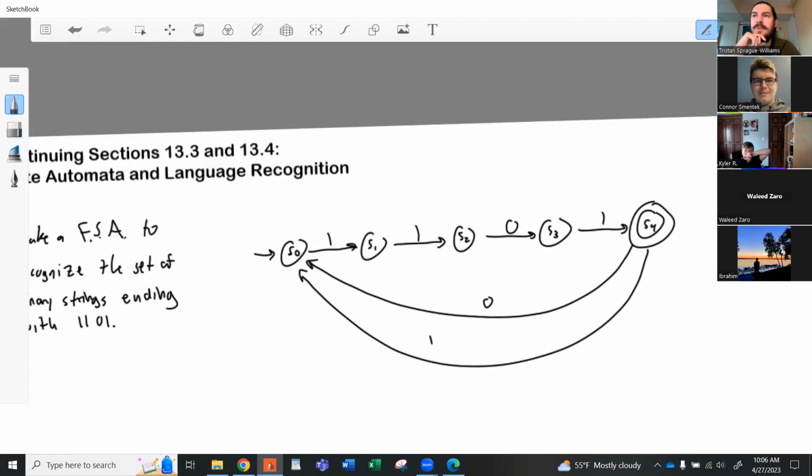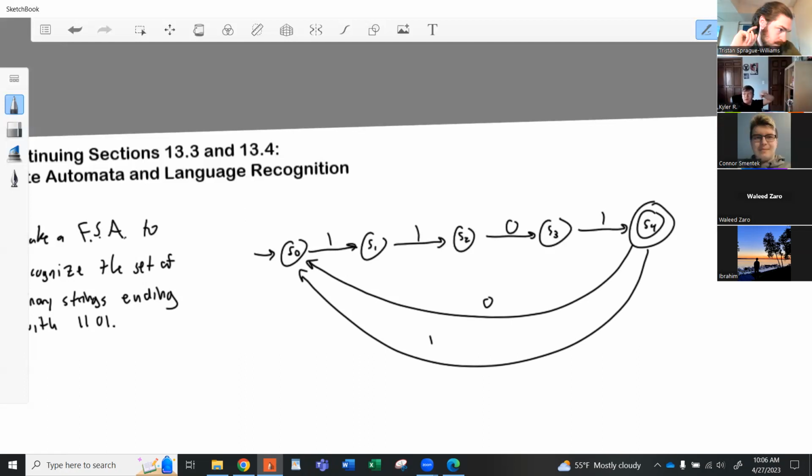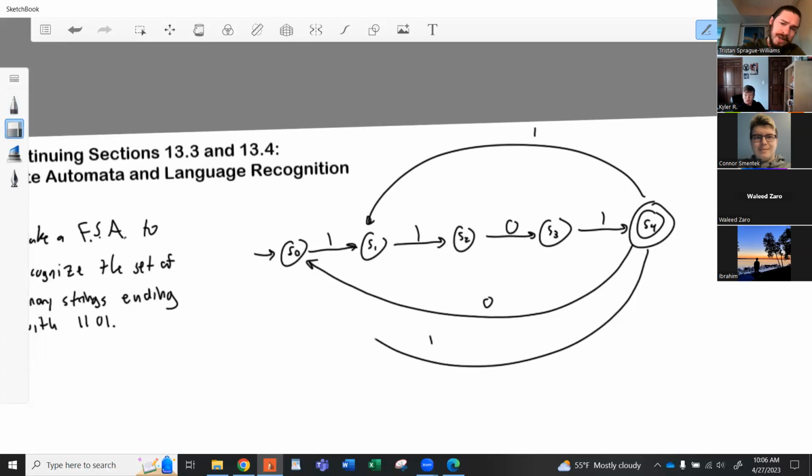Wait, no, I'm wrong. Wait, if it gets a 1, shouldn't it go to the second step, not the first step? Why? You mean like this? Yeah, because it's going to be restarting the sequence. Ah, very good. Yes.